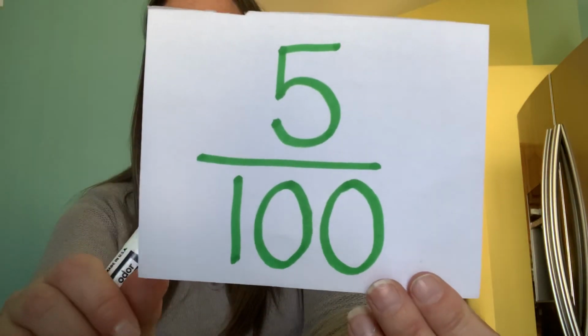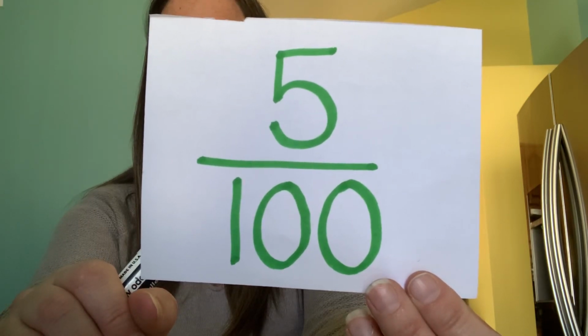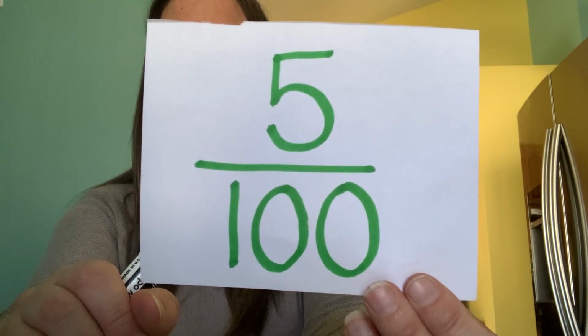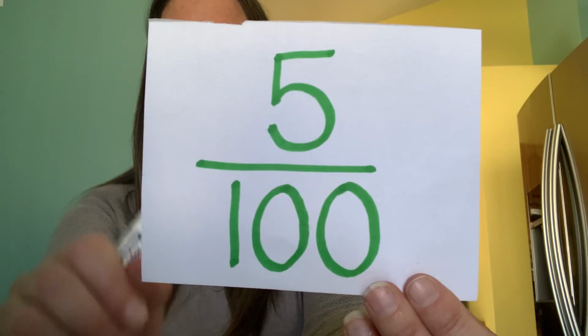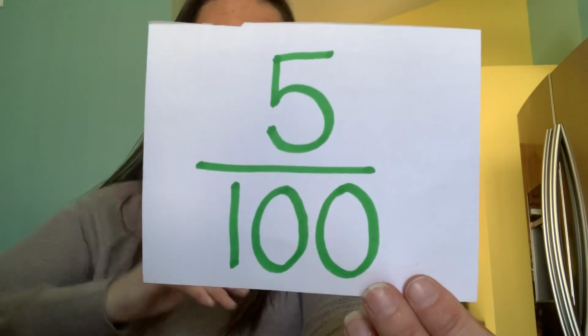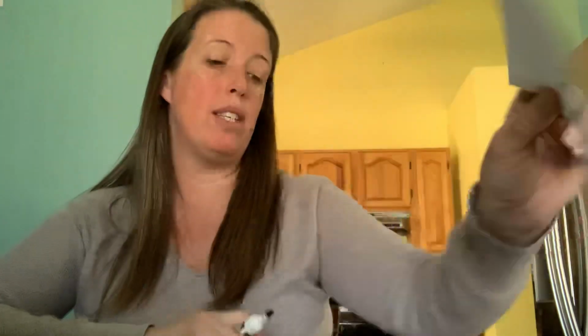Think about how you would read that. Think about which place value your number should be ending in. And make sure you don't have any spaces in place values. Any place value that's included needs to be represented with a digit, even if it's 0. So we read this as 5 hundredths.